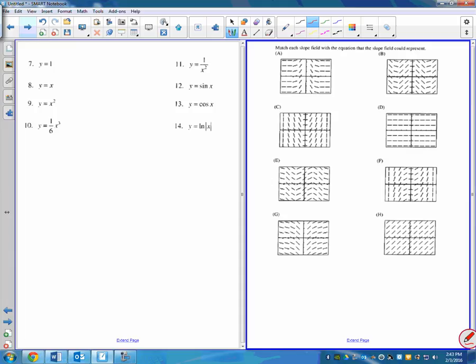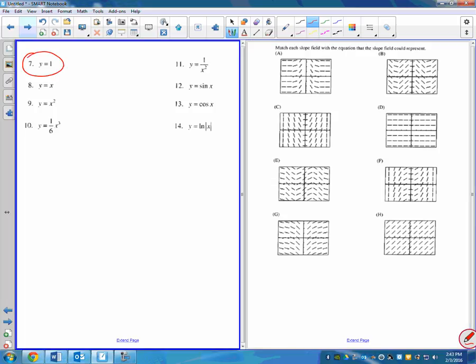It says match each slope field with the equation that the slope field could represent. So remember, these are going to represent when you draw those curves in. Some of them are going to be easier than others. I'll help you with this one: y equals 1. Think about what the derivative of that function is. What would the derivative be?